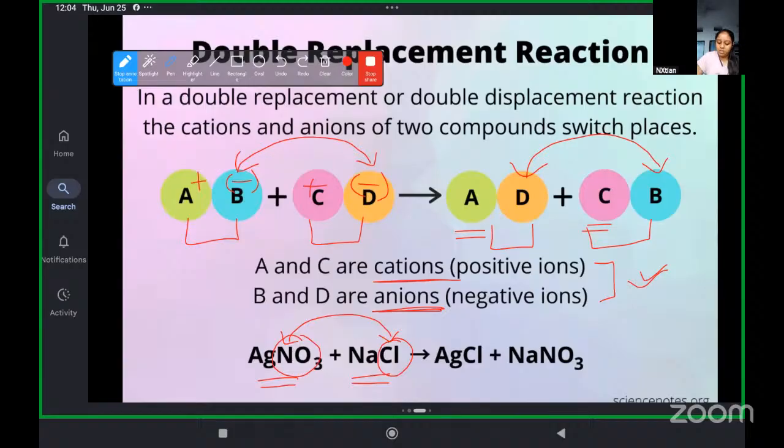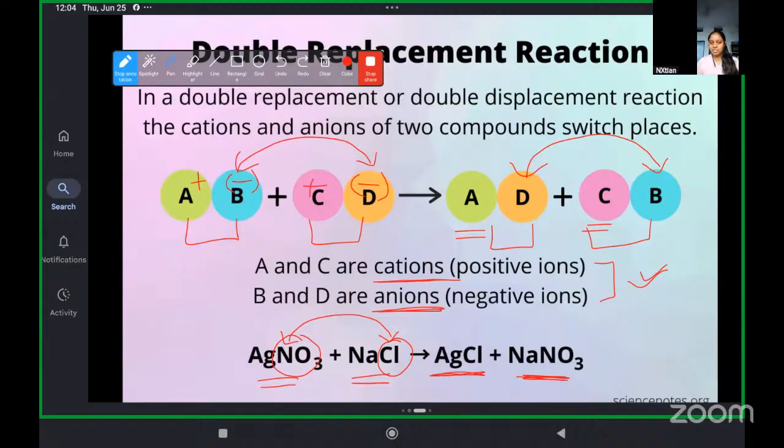So it will become AgCl plus NaNO3. Try to understand: in AgNO3 plus NaNO3... AgNO3 plus NaCl, NO3, that is your B, and Cl, that is your D, are both negatively charged ions. They swap places, so it becomes AgCl plus NaNO3.